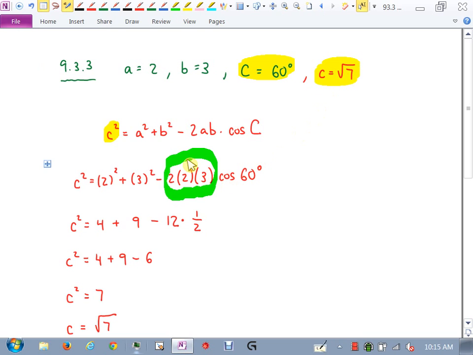Because people, I don't know if you would agree with this or not, but sometimes people do not like messing with the law of cosines because there's a lot of room for error in here. Squaring things, subtracting, and sometimes people mess it up. So also, let me ask you this. How would you find capital A from a formula like this?